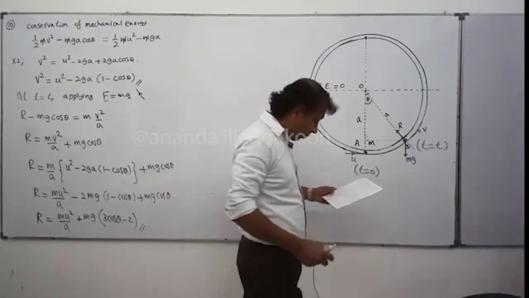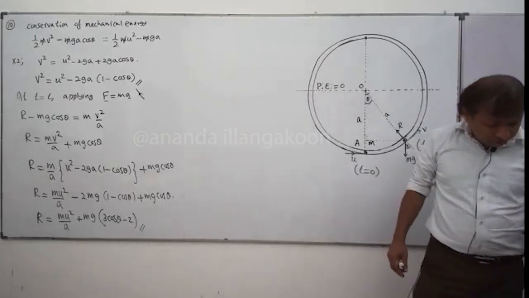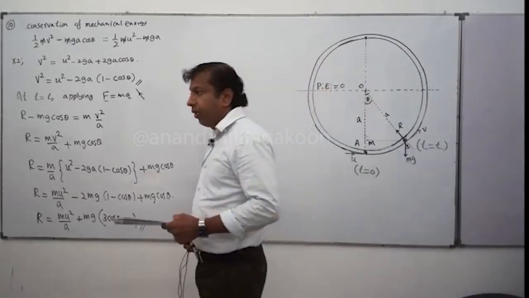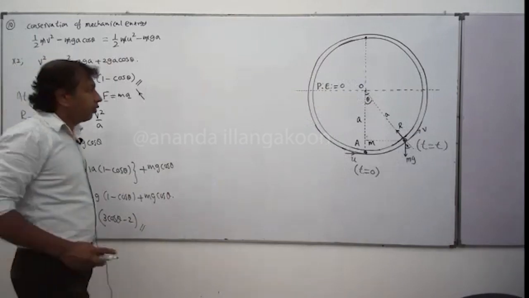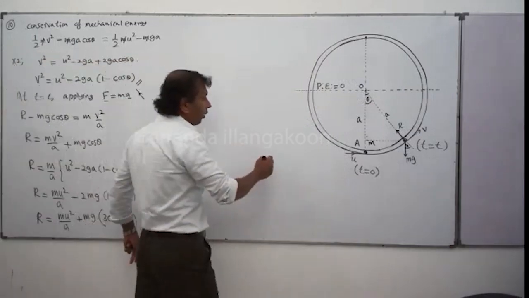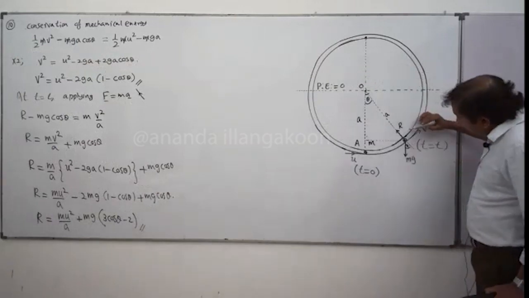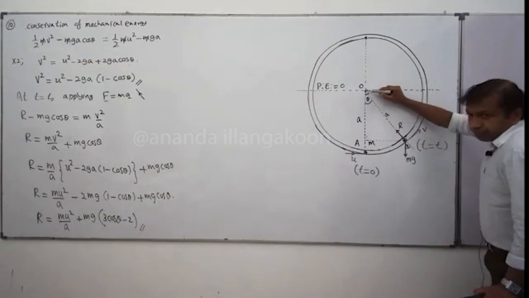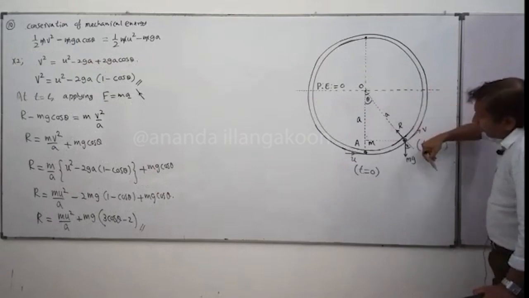Next one. Show that the direction of R changes at the angle alpha equals cos inverse of this. The direction of R changes means that the normal reaction, acting towards the center, should become opposite.